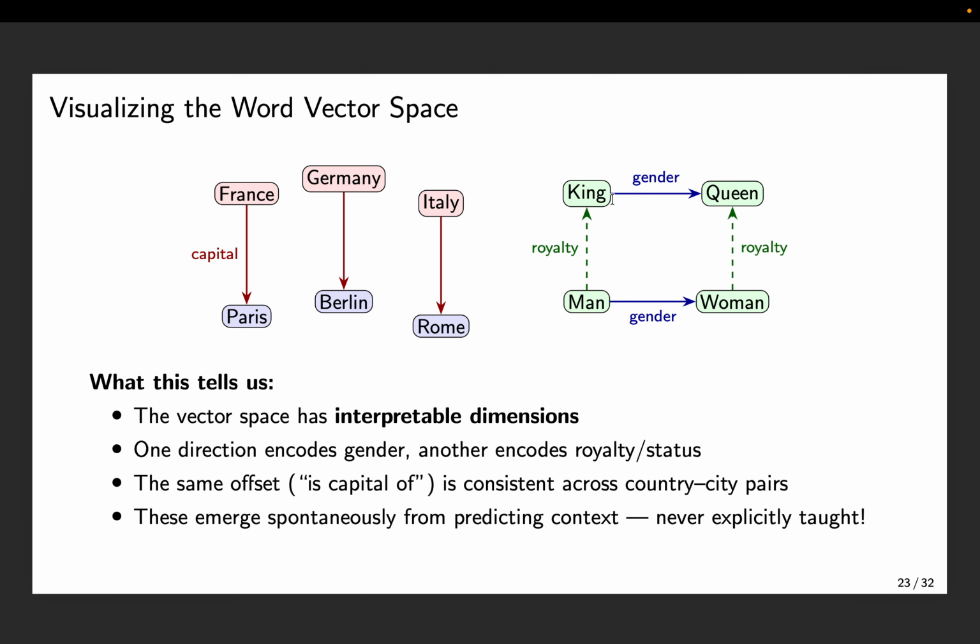One axis encodes gender, another encodes royalty versus commoner, and another encodes country versus capital. And this structure emerged completely organically from nothing but predicting context words. The model was never told what a gender axis is. It discovered it because the distributional patterns in text carry structural information.